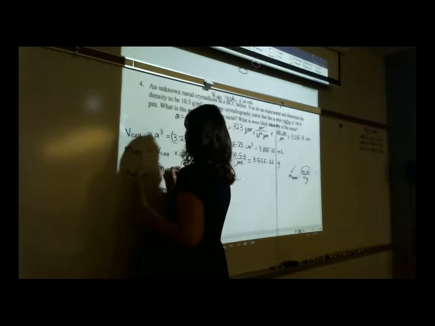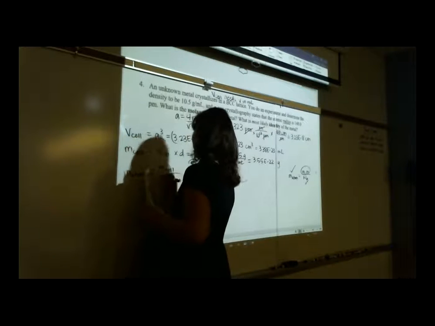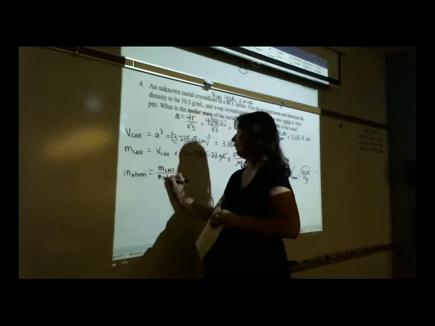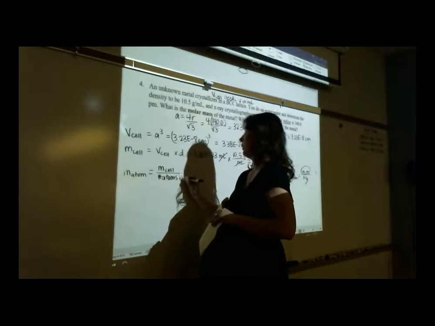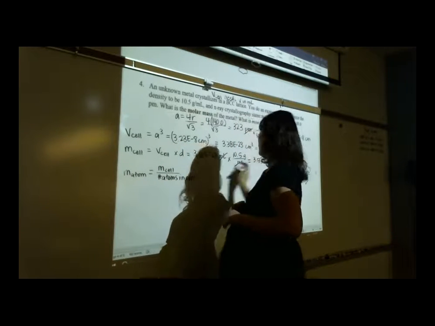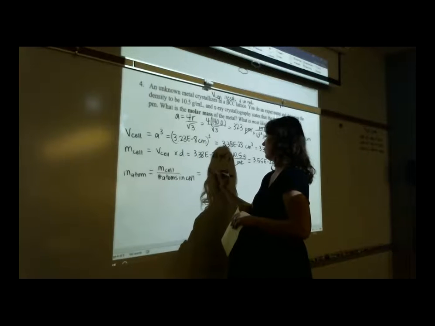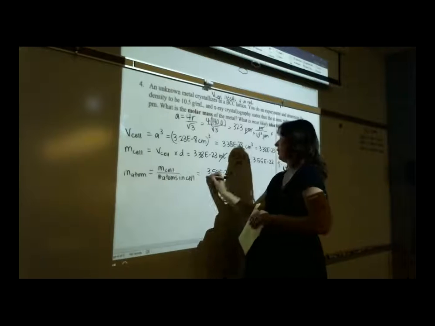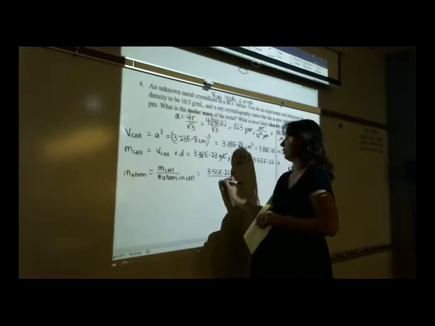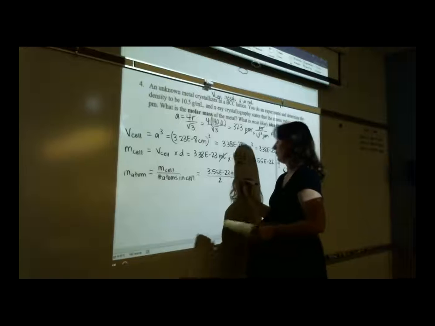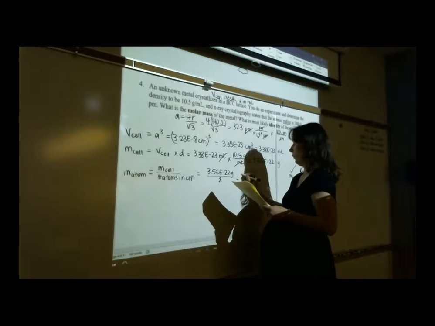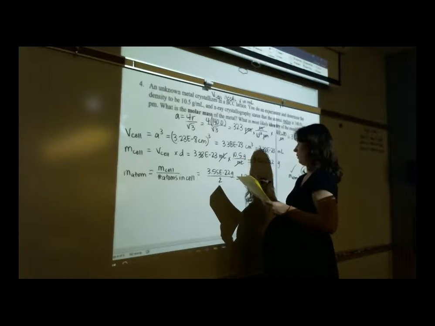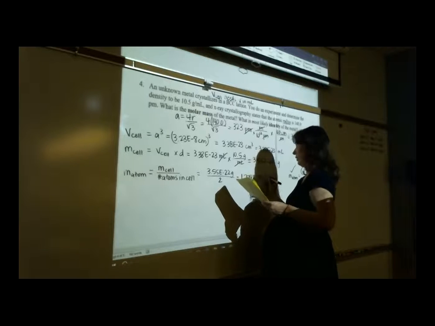Right, it's the mass of the cell divided by number of atoms in cell. So that's this number that we just obtained, 3.55 times 10 to the negative 22nd grams. And since it's body center cubic, that means there are 2 atoms in the cell. So when you divide that by 2, I got 1.774 times 10 to the negative 22nd grams.